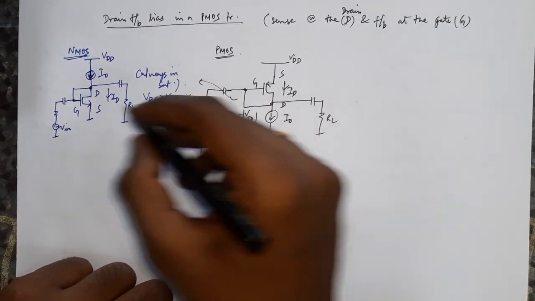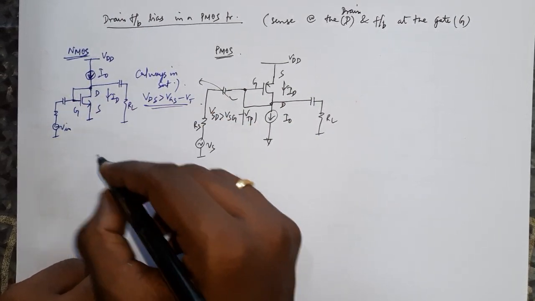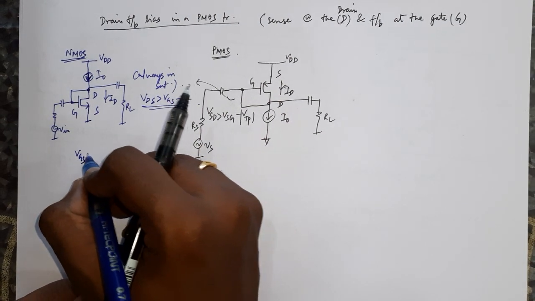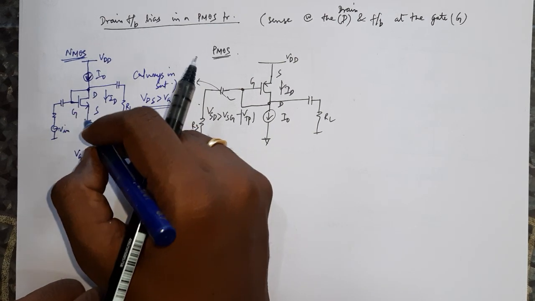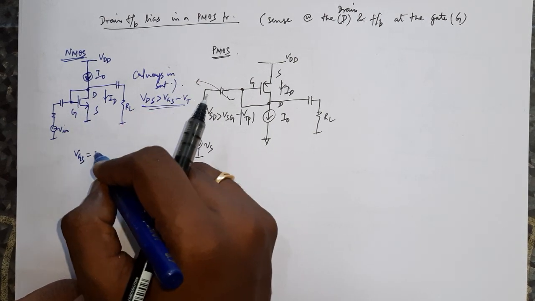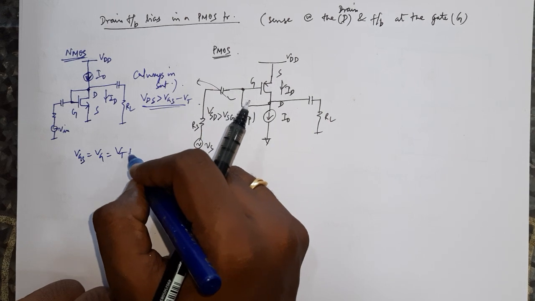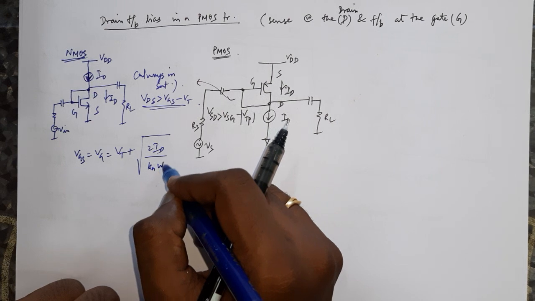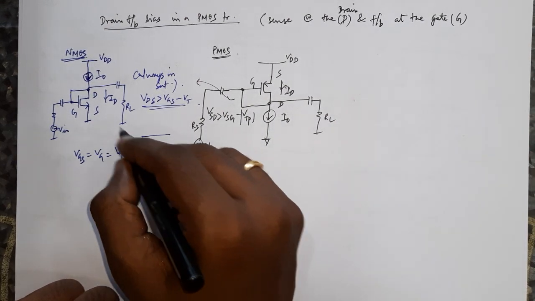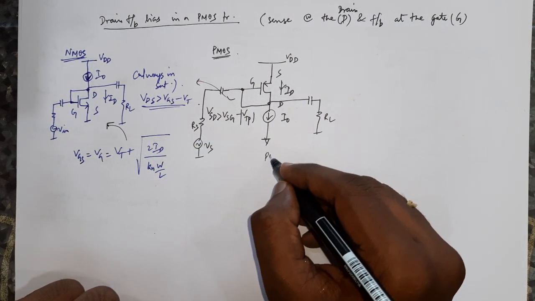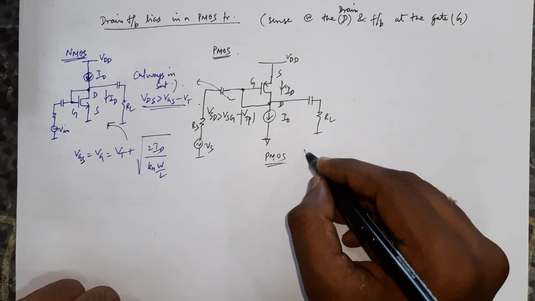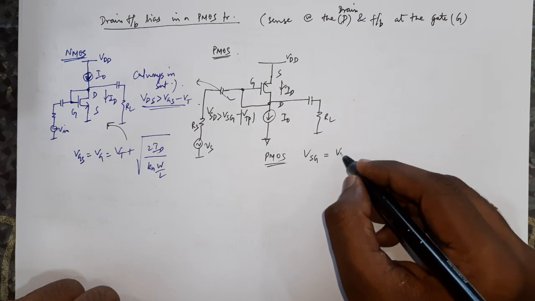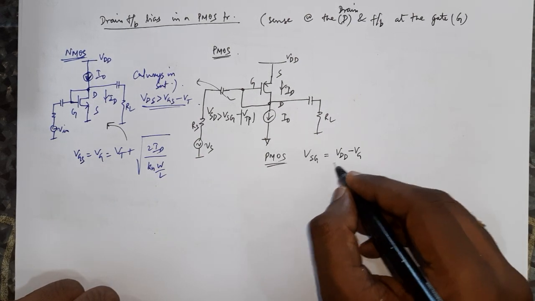How do I know what the gate and drain potential is? For the case of NMOS, VGS, the gate-source potential, where S is anyway grounded, is equal to VG, which is equal to VT plus the square root of twice ID by Kn W by L. This is for NMOS, and for a PMOS, I will have VSG given by the same relation, which is nothing but VDD minus VG, because VS is VDD.